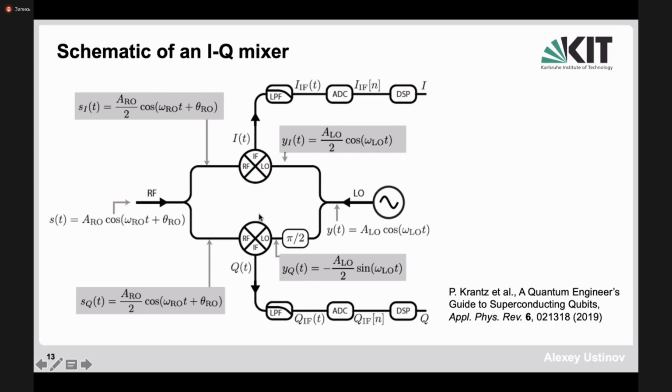It generates I and Q. Q is simply the same kind of wave, which is mixed with the phase shift of pi over 2, shift of 90 degrees. In this case, you have both. You have projections now of your signal, both on the horizontal axis and on the vertical axis. So you have both information about the amplitude and the phase.